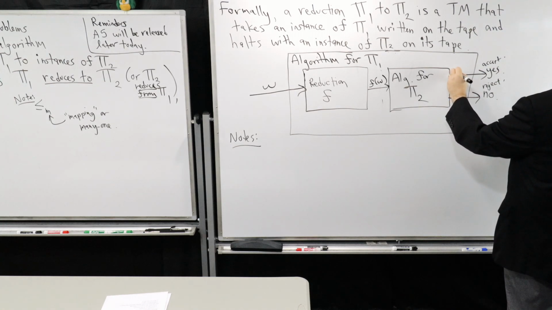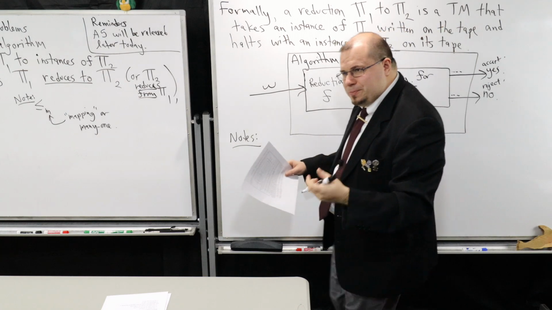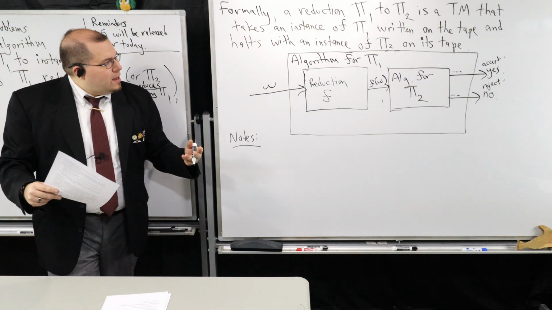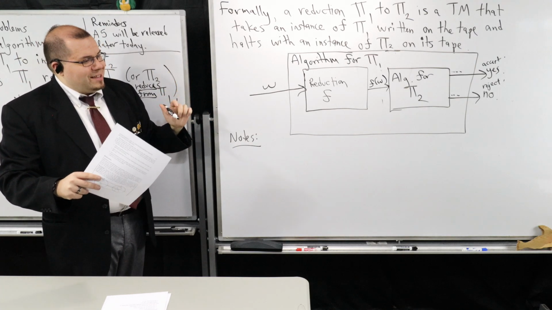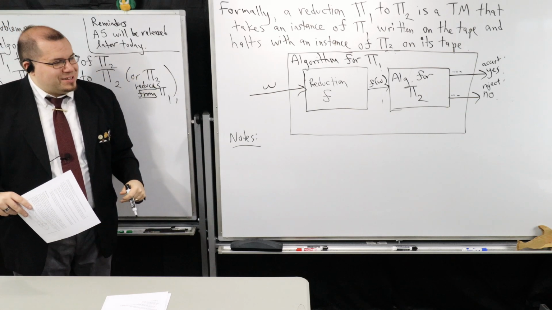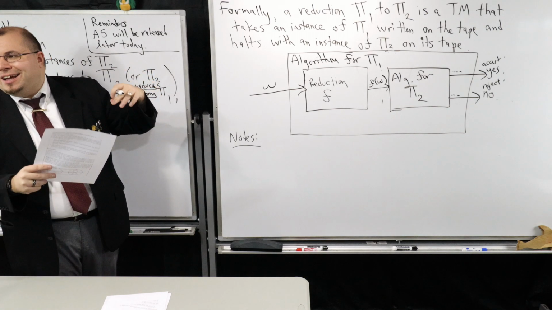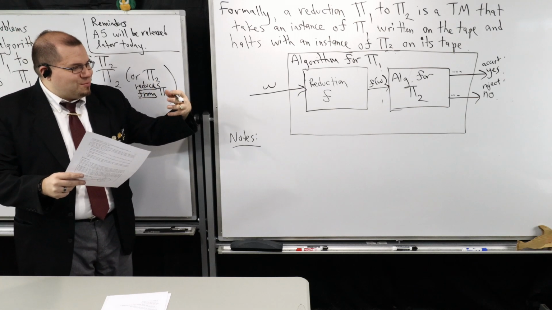So keep in mind that there might be output that comes out of this one, and then we could do some logic to that. For example, flipping the logic where accept is a reject or reject is an accept. That's why I say yes, no on the outside of the box as opposed to inside the box. But we actually did something kind of like this the other day. Do you remember that? I showed you this meta picture of a Turing machine, and I had them running in parallel, and then I said, okay, if it accepts for this one, do this.